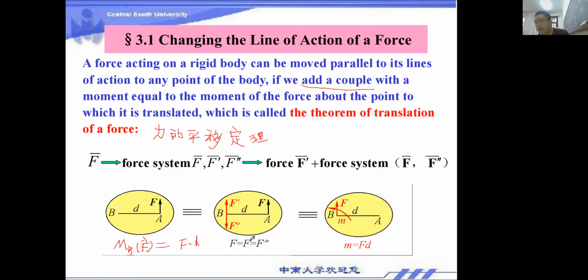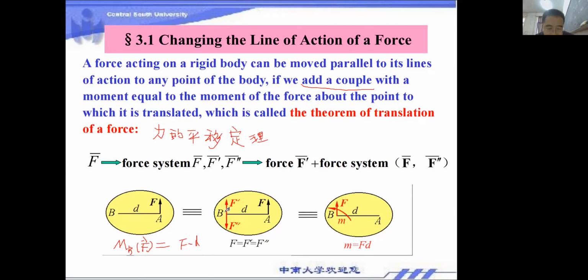And why is this? Actually, we use the principle. Do you guys still remember we have talked about the common principle of this? Because we can add or subtract a balanced system. So actually, we can add a balanced sub-force system.